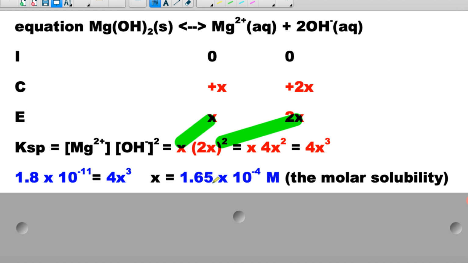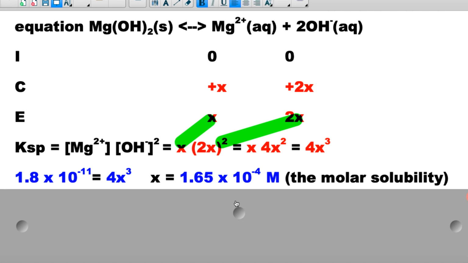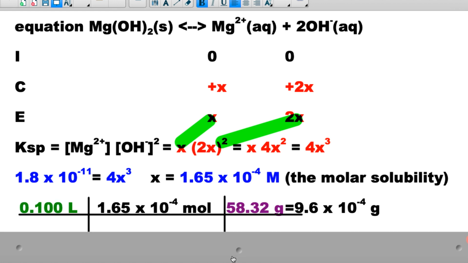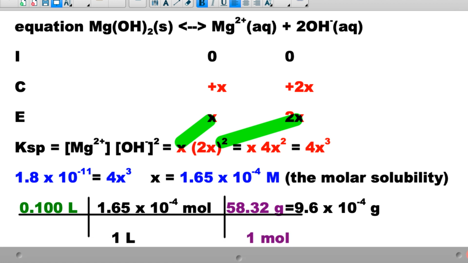What is the concentration of the magnesium hydroxide when it's dissolved? So all I have to do is take that molarity and use it to solve the rest of the problem. I knew I had 0.1 liters because it told me it was 100 milliliters. I know the concentration is 1.65 times 10 to the negative 4th moles per liter.